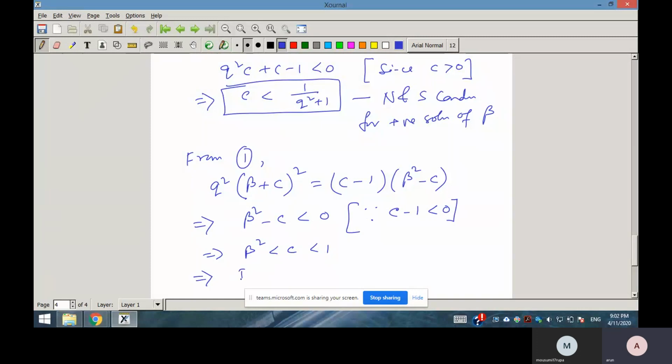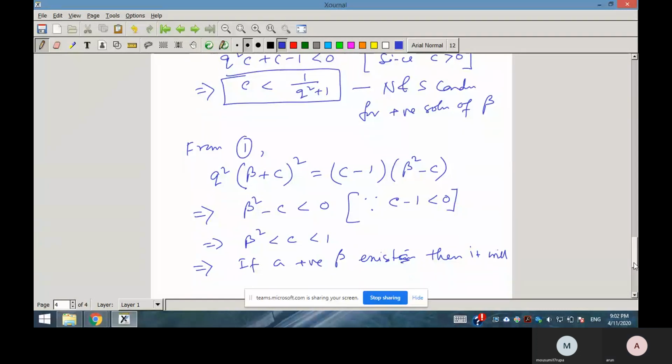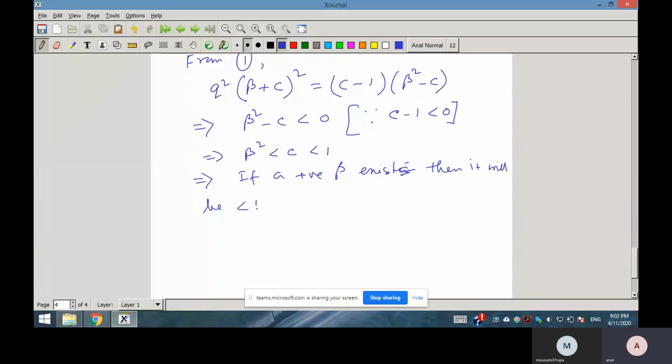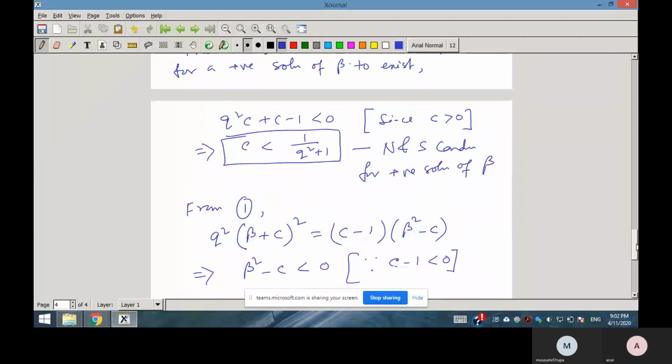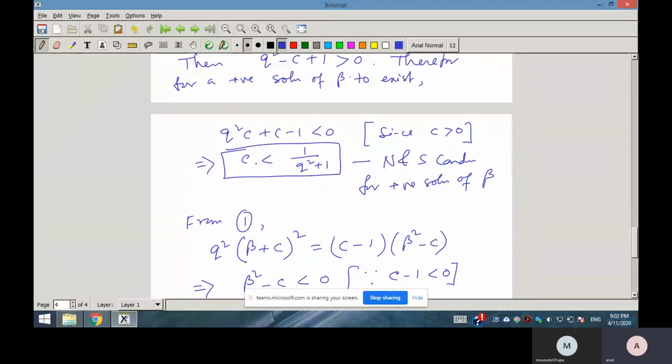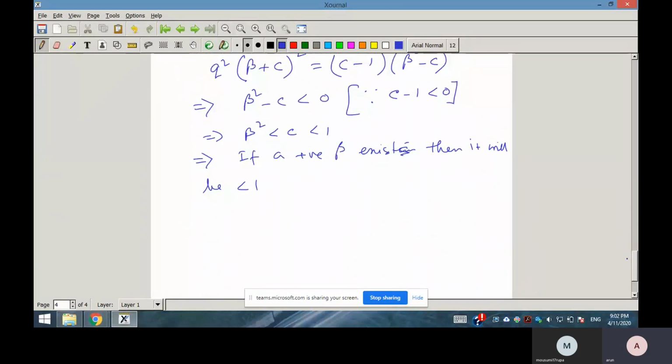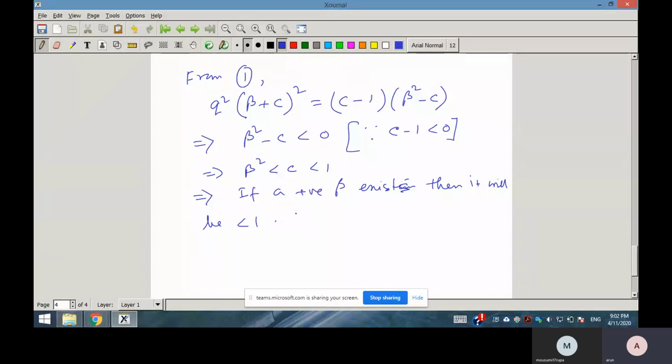So that means this is also a necessary and sufficient condition for existence of lead controller.